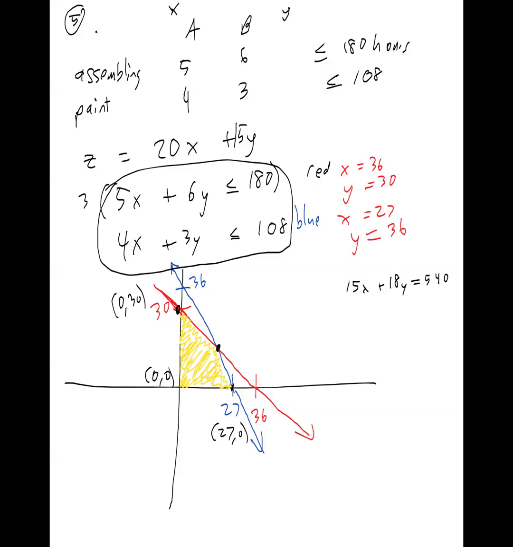Now if I multiply the second equation by -6, then we get negative 24x and negative 18y equals negative 648.